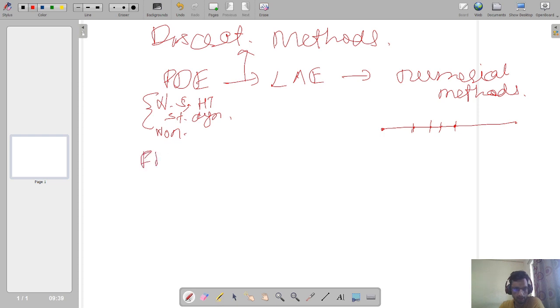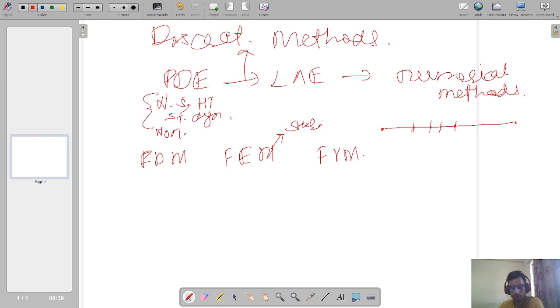Okay, so basically there are three discretization methods. First is the finite difference, then finite element, and finite volume method. These three discretization methods have their own methodology to discretize the equation, and their advantages and disadvantages. So basically the finite element method is mostly used in structural dynamics, let's say bending of a beam and all these things.